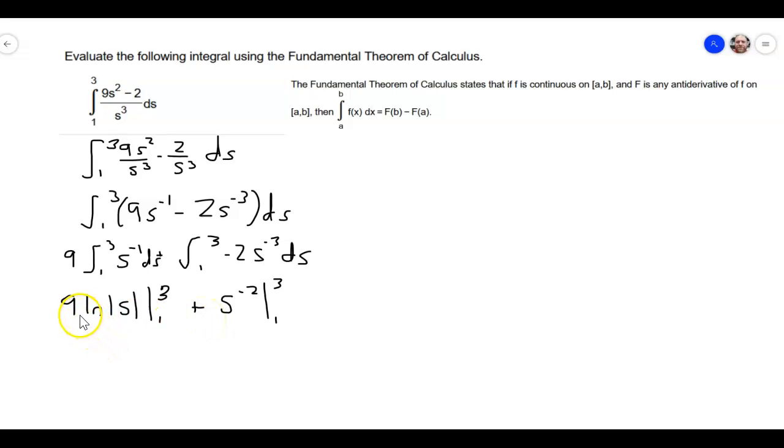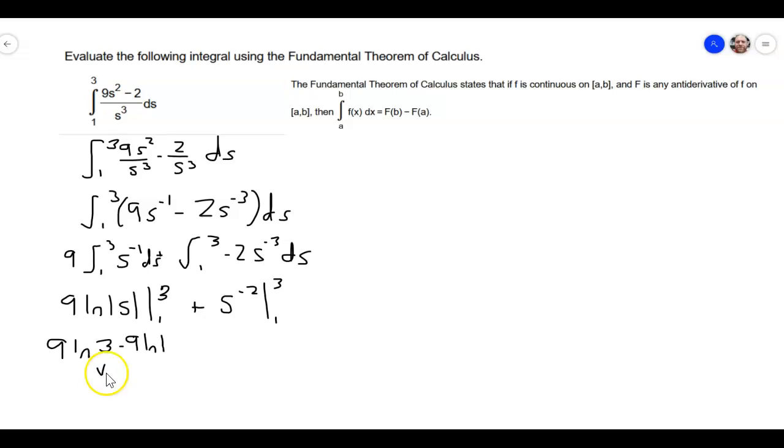Alright, so I'm going to do both of these separately and then add them together at the end. So this is going to end up being 9 natural log of 3 minus 9 natural log of 1. And 9 natural log of 1 is just 0.